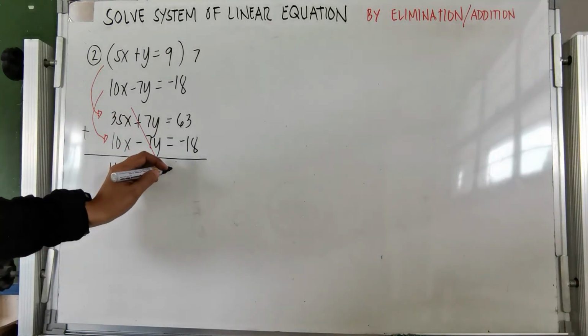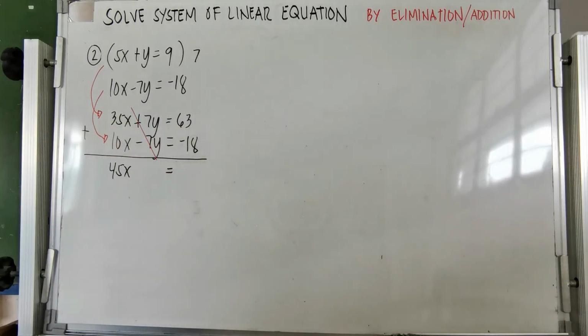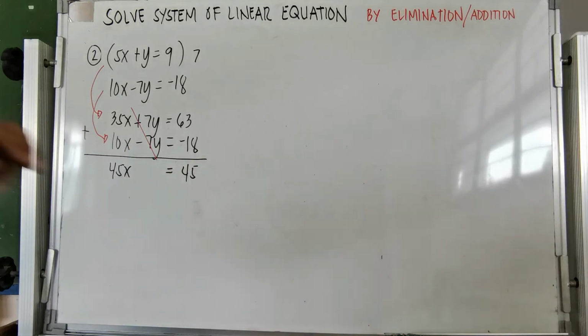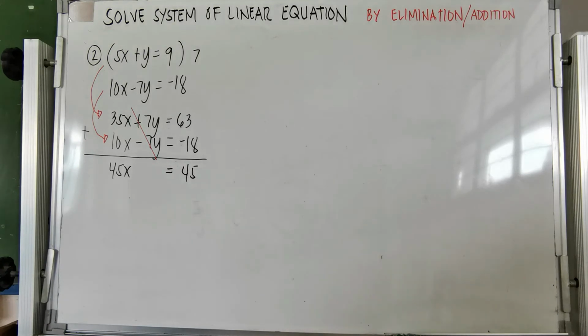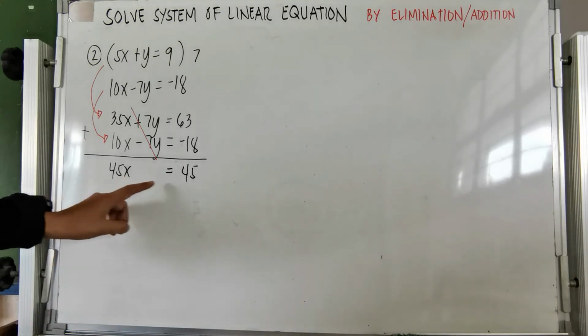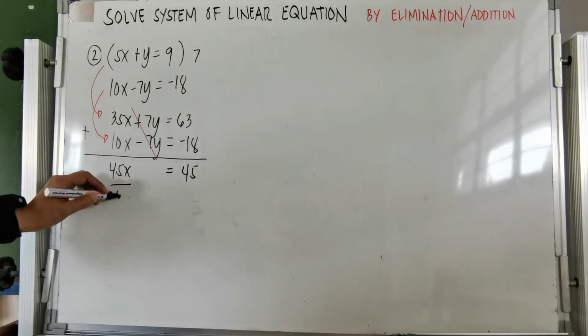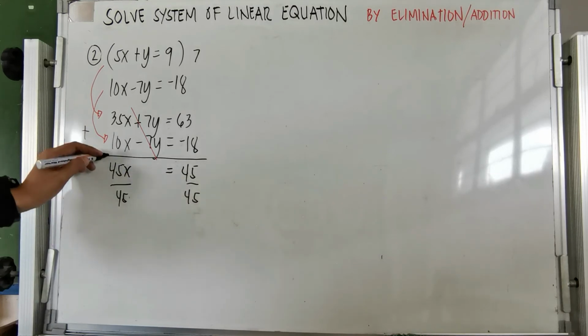Then, for our last term, 63 minus 18. So, we have 45. Positive. Since magkaiba sila ng sign, minus natin. So, the answer is 45. Para makuha natin yung value ng x, divide both sides by 45, which is yung coefficient ng ating x.